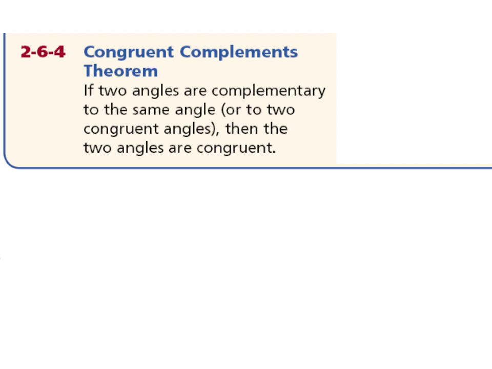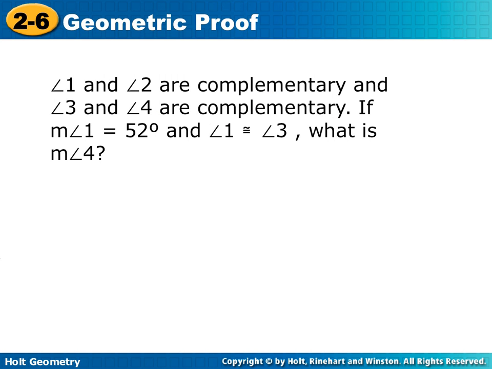So let me just bring up the example for you. Okay, so I've got 1 and 2 being complementary. I've got 3 and 4 being complementary. So notice that in this sample, I don't have angles complementary to the same angle. 1 is complementary to 2, 3 is complementary to 4.